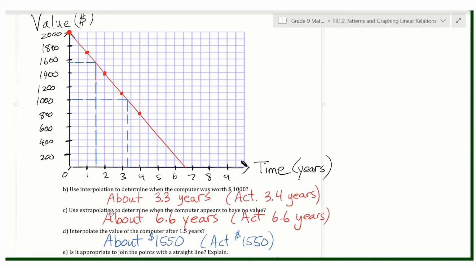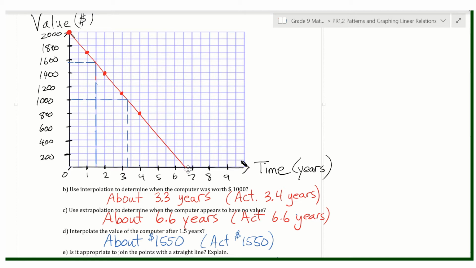This question said use extrapolation to determine when the computer appears to have no value. In other words, when does it become zero value. Zero value is right on this line, right? So you notice I drew my line up to the 5th point, but then I added this piece on right here, and I went all the way down till it hit 0.